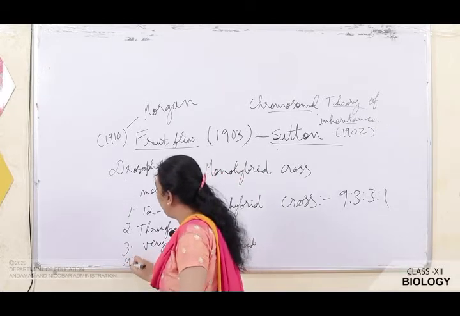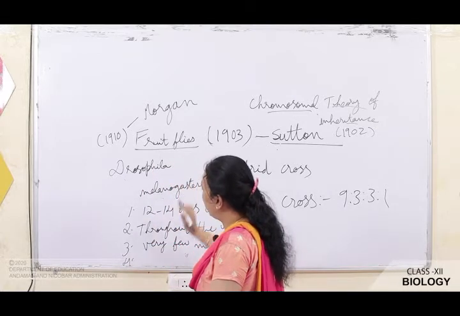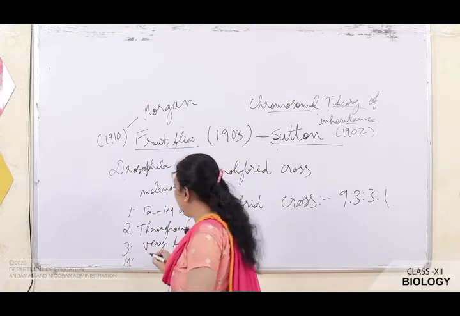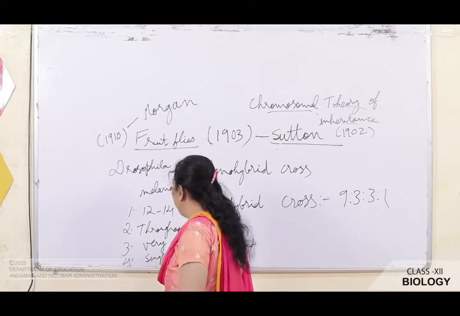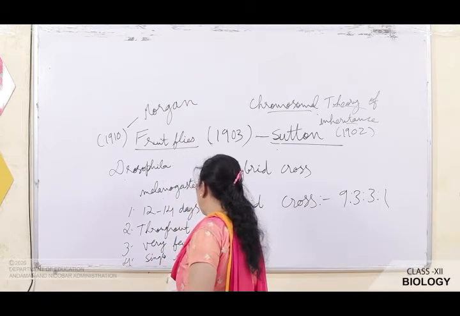Then fourth, why did he choose Drosophila melanogaster? Because a single mating produces a large progeny.